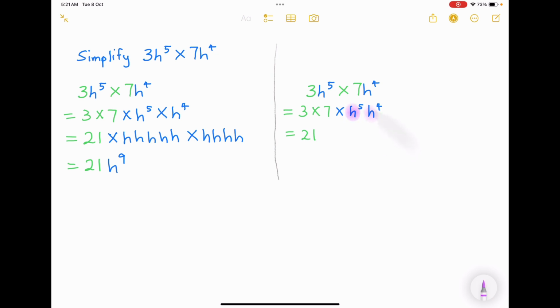The base is the same. We write h 1 time. The index is 5 and 4. 5 plus 4, which gets us 21 h to the power 9.